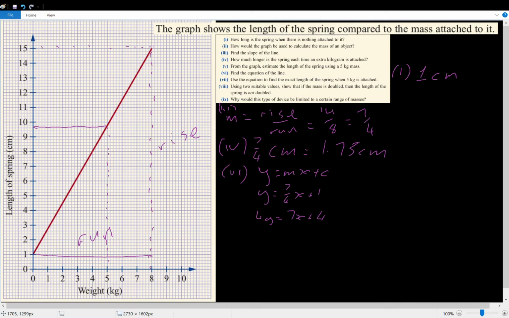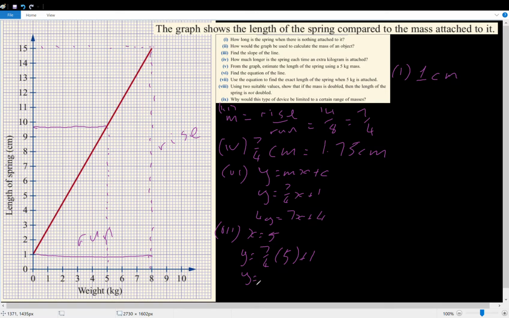For question 7, we've got to use the equation to find the exact length of the spring when 5 kilos is attached. So we're trying to find the y value when x is equal to 5. So if we do that out, this is part 7. We're going to say x equals 5. So we're going to go y is equal to 7/4 times 5 plus 1.